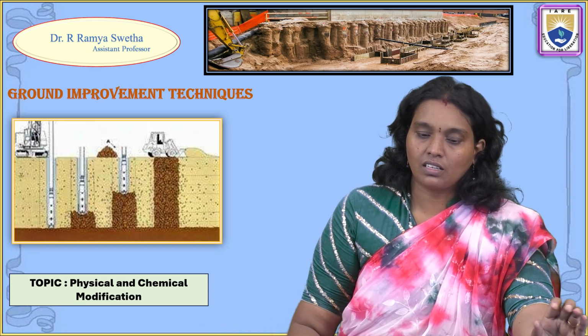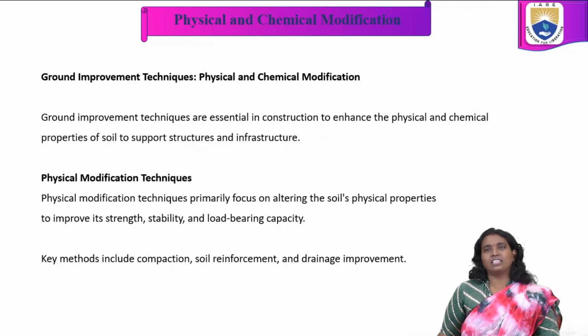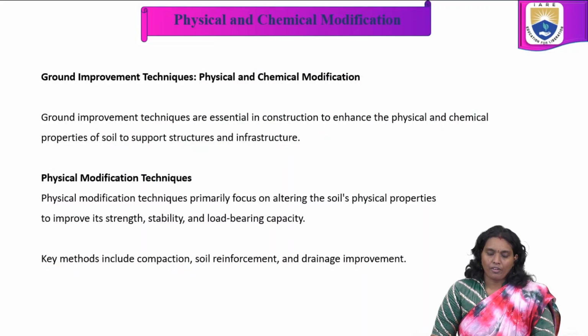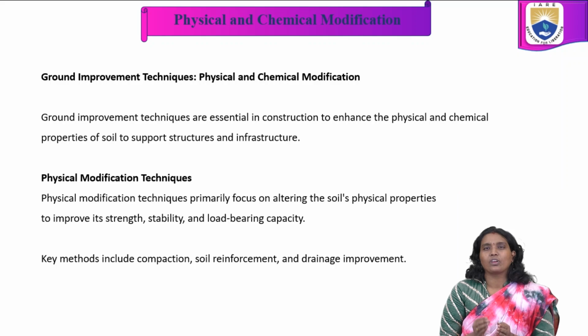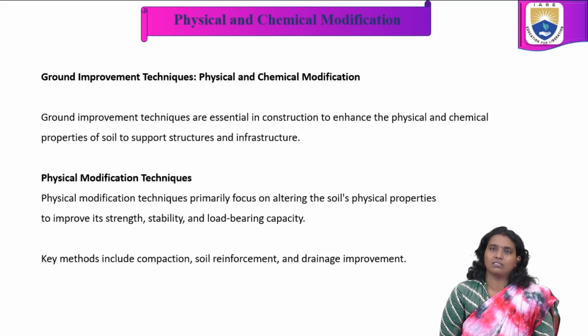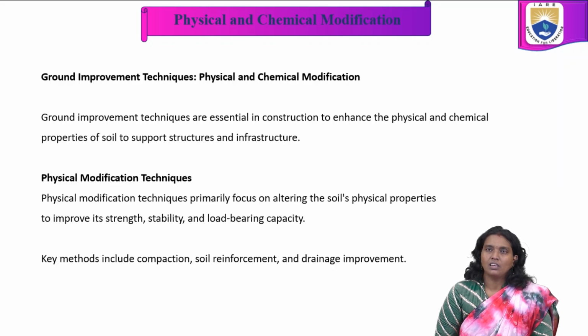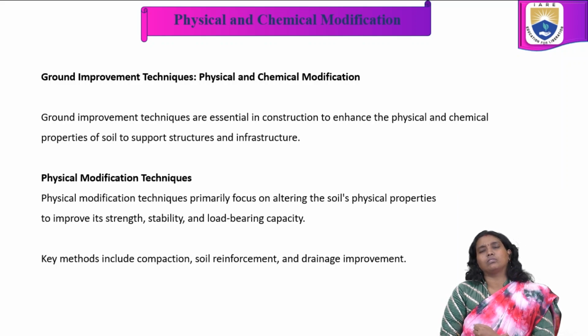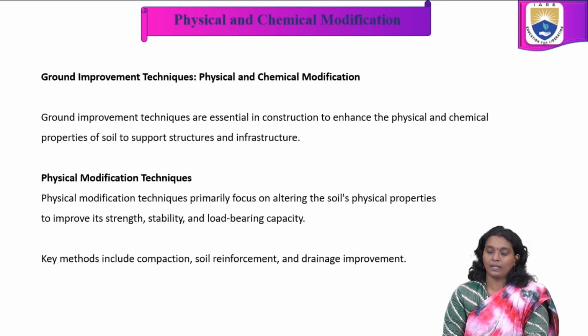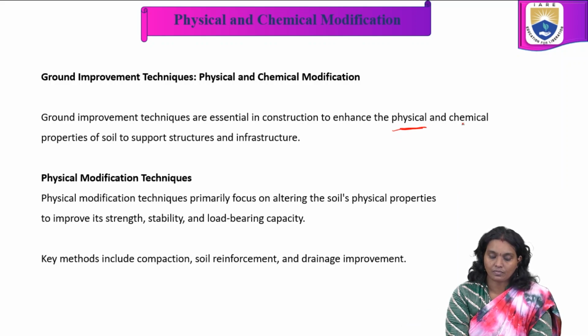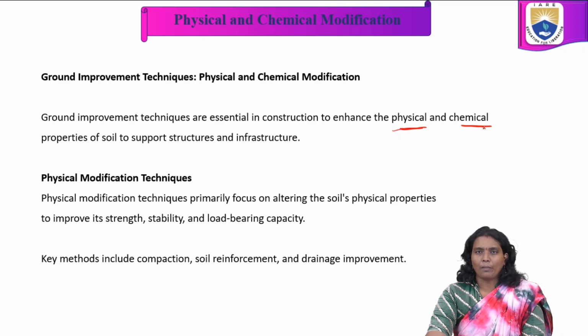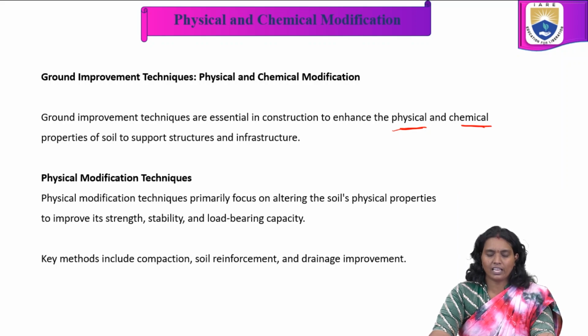So in these ground improvement techniques, with physical and chemical modification, we are going to support the soil for structures as well as various infrastructure projects. So in this, we are going to understand the enhancement of the physical and chemical properties. Coming to the physical modification techniques, they focus on altering the soil's physical properties.